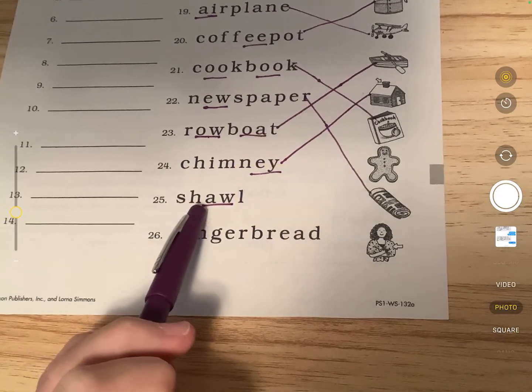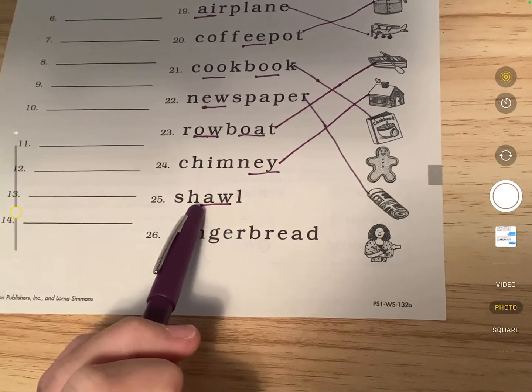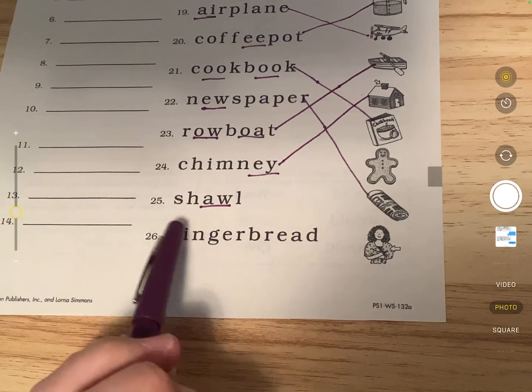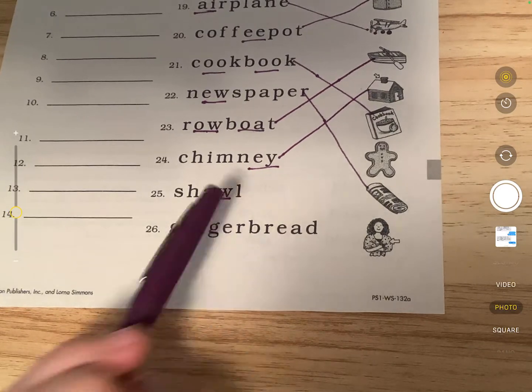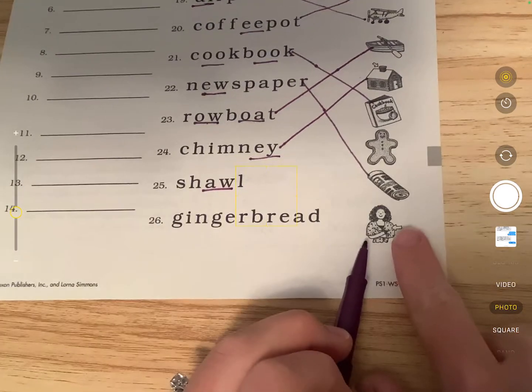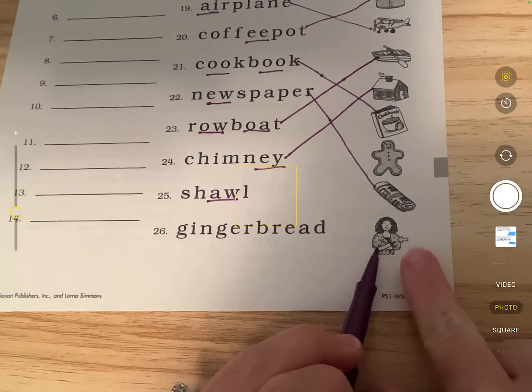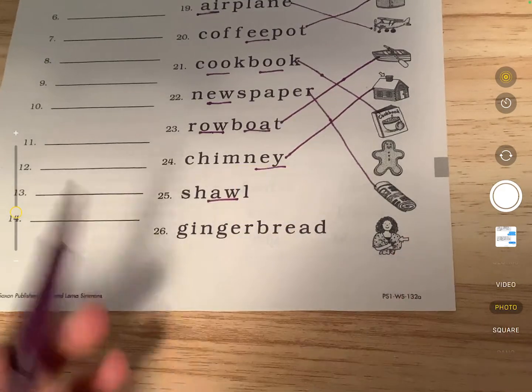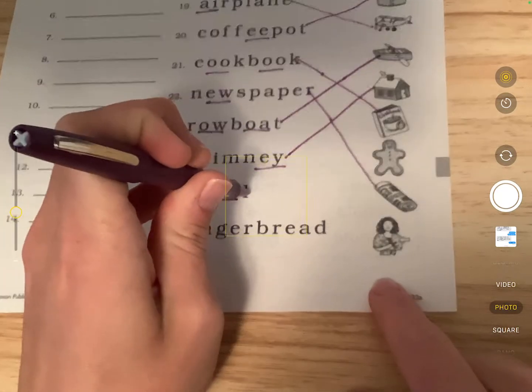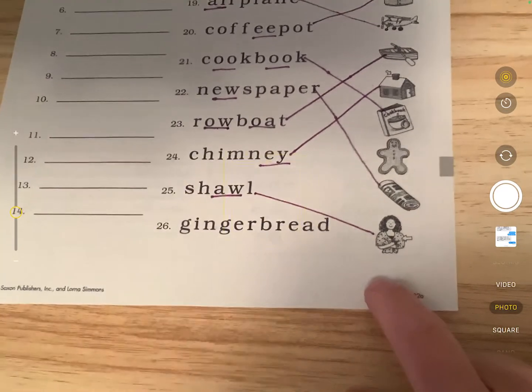So what is this word if AW says aw? It says shawl. What this woman right here is wearing, I know it's a small picture, but it's almost like a jacket. It's just something that women can throw over their shoulders to keep them warm. You can connect that.